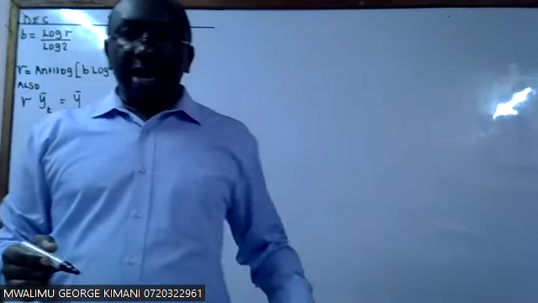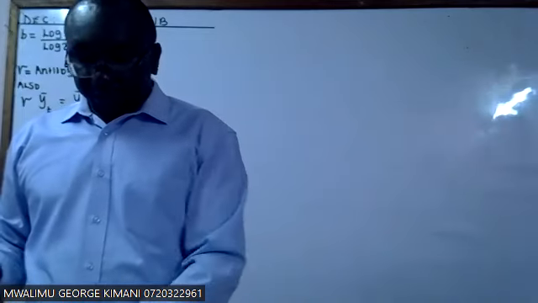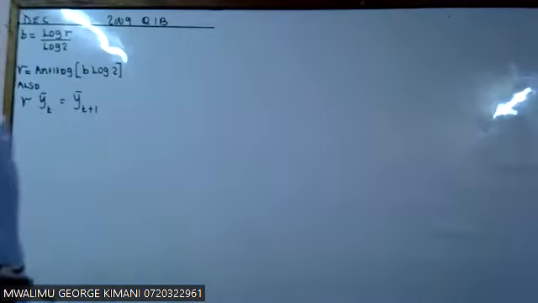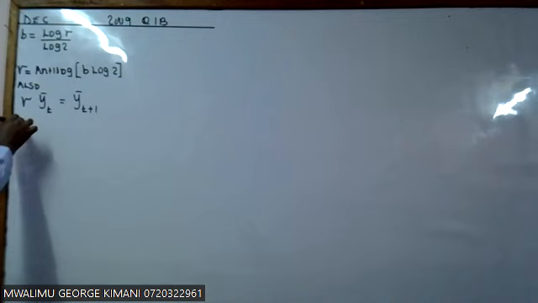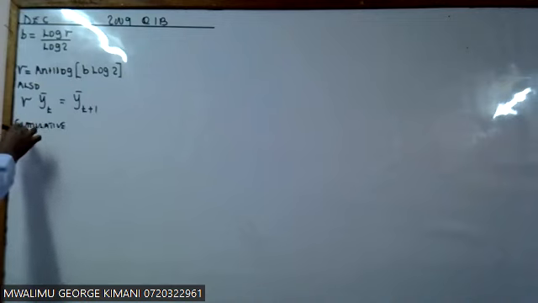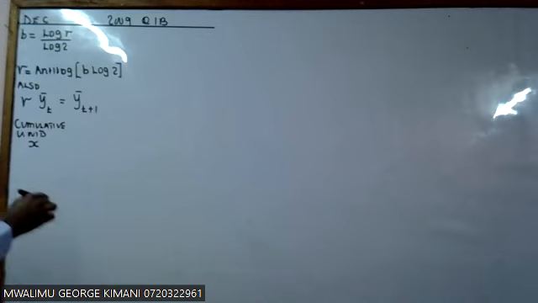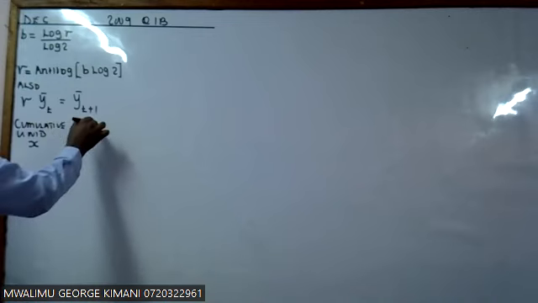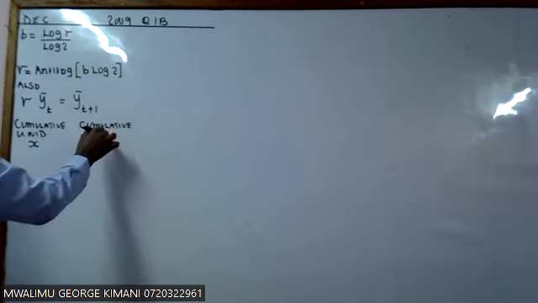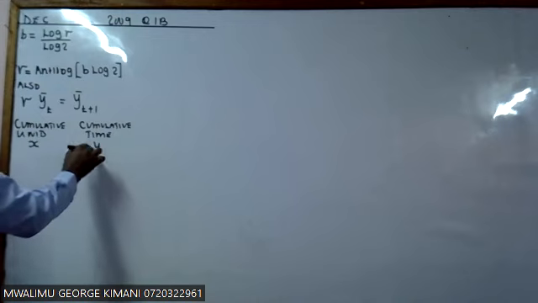The examiner here has already given us a table where we have cumulative units, which will be our X, as we said. We have also been given cumulative time, which will be our Y.